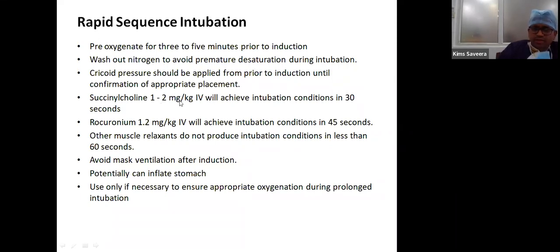Generally, we use succinylcholine 1 to 2 mg per kg IV, which gives intubating conditions within 30 seconds. With rocuronium, 1.2 mg per kg achieves intubating conditions within 45 seconds. Other muscle relaxants we don't use for rapid sequence induction. We should not mask ventilate after induction, as that is the main step in rapid sequence induction, since it can potentially cause inflation of the stomach, which leads to aspiration.